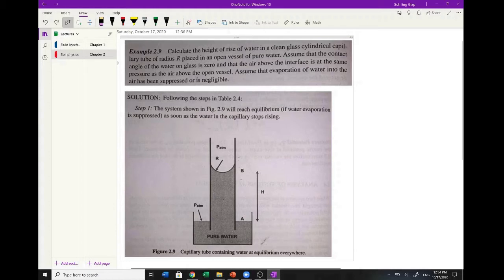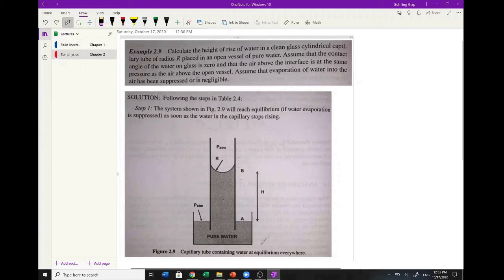So we want to find the height of rise of water in a clean glass cylindrical capillary tube of radius r. Okay, so how can we do that?